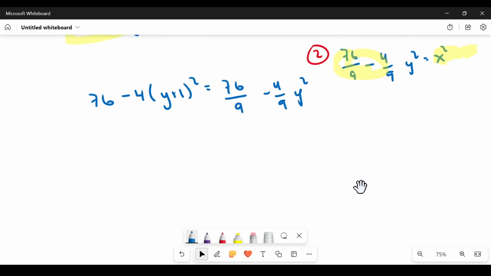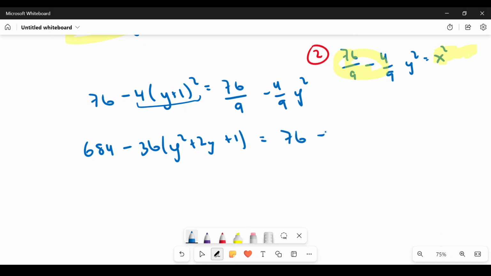Let's solve. So I'm going to multiply everything by 9 because that will alleviate this divide by 9 fraction nonsense. 76 times 9, I don't know that off the top of my head. Calculator time, 684. And multiplying this by 9 is really just 4 times 9, which is 36. And while I'm here, I might as well expand that binomial.